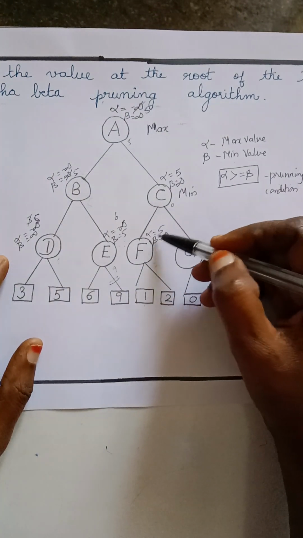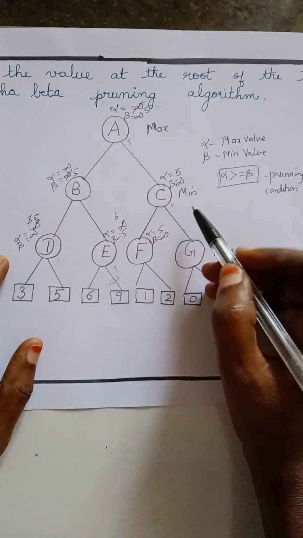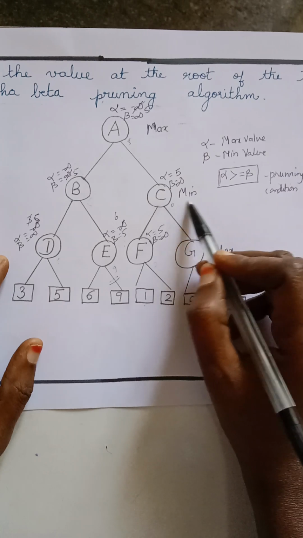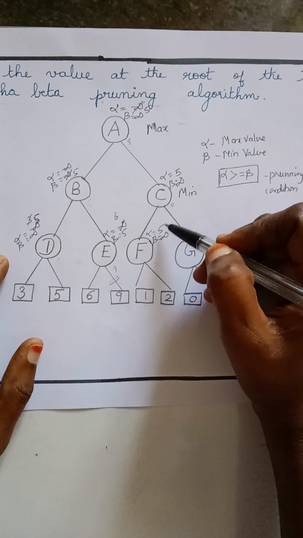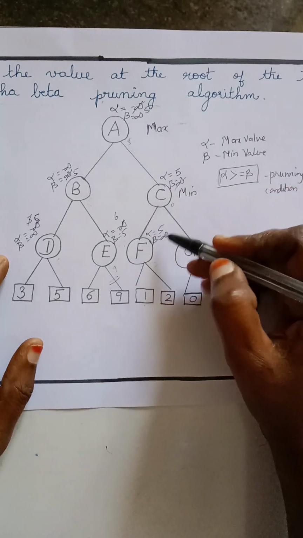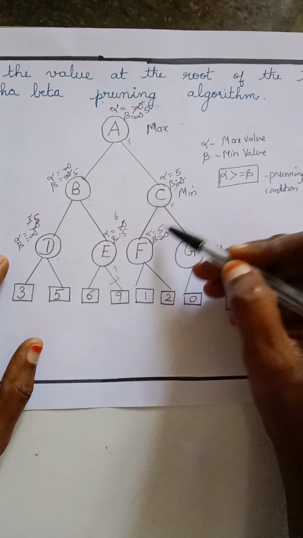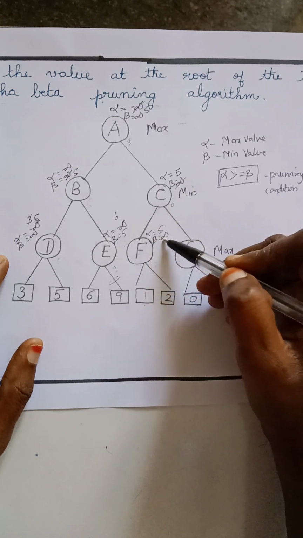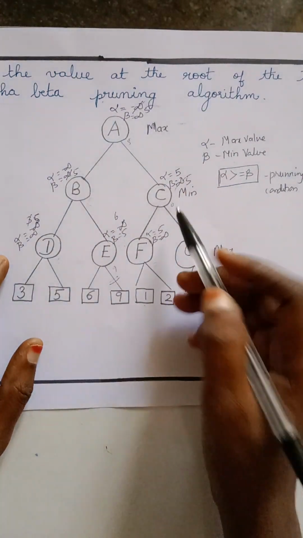Next we propagate to the node above, this root. Here we find it is a minimum level, so we will update the beta value using the current alpha and beta values. What is the minimum among infinity, 5 and infinity? The minimum value will be 5 only, so beta will be 5.